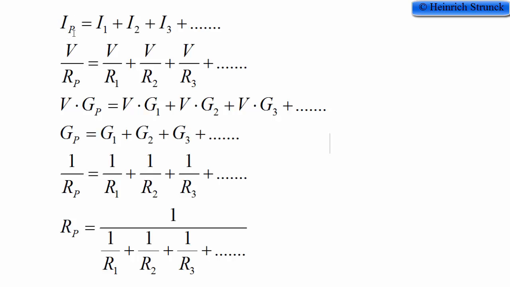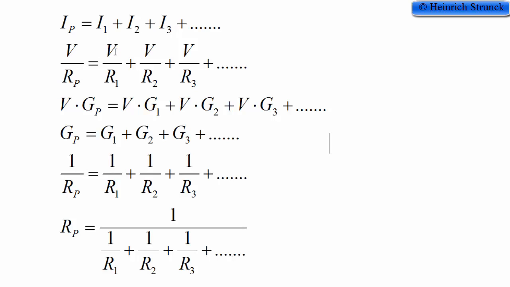Instead of the current for the parallel circuit, we have the voltage divided by the resistance of the parallel circuit. The equivalent resistor of 2.857 ohm, and this actually current or voltage divided by total resistance is equal to the sum of the currents.